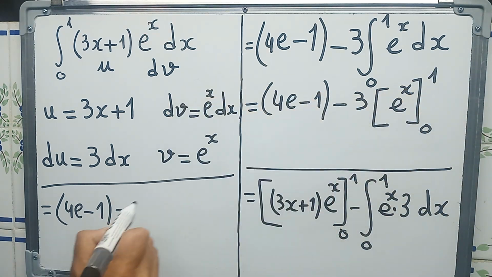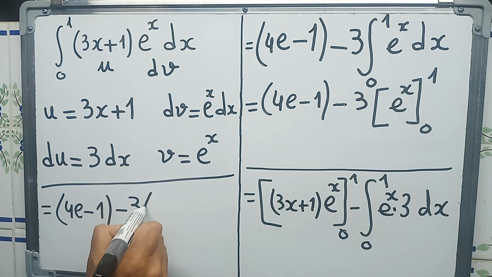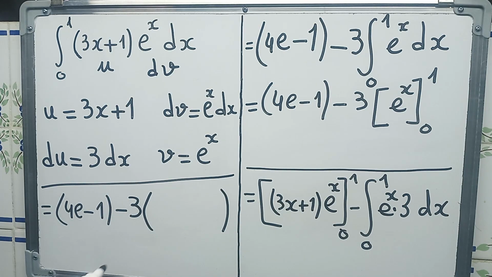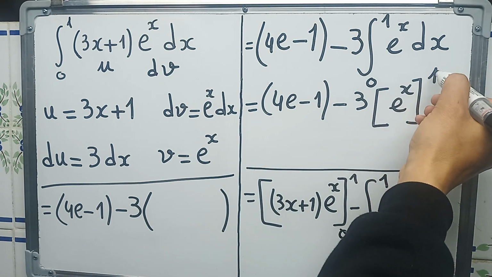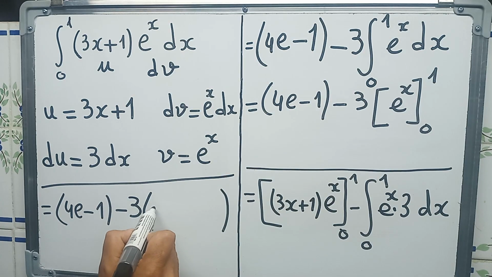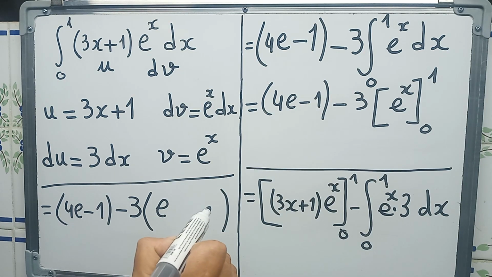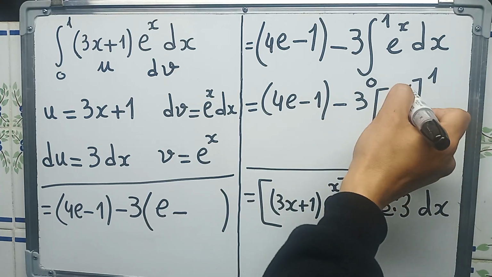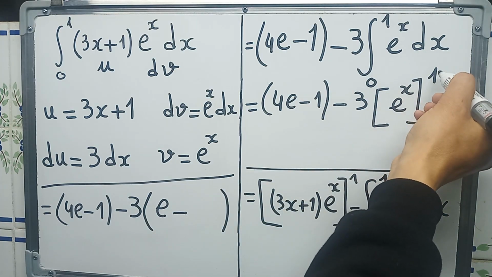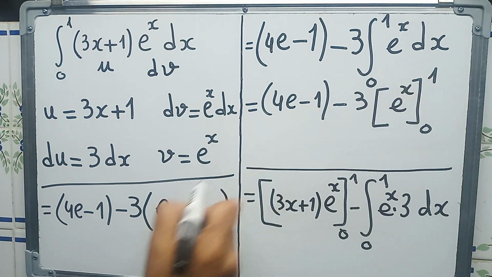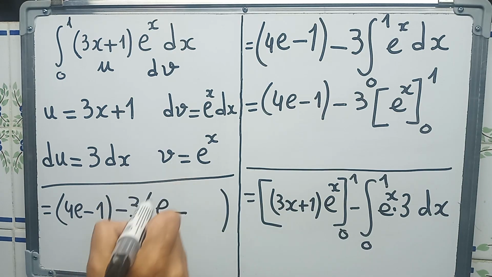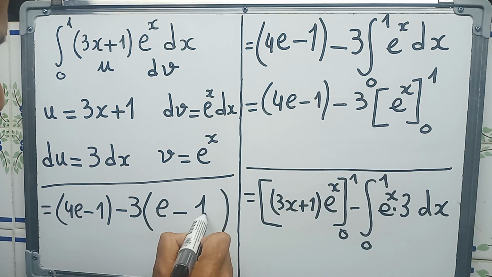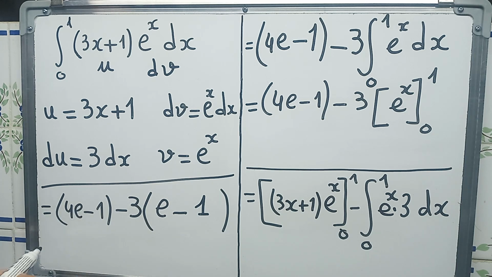But be careful, here 3 and brackets like this. So exponential of 1 is e, minus exponential of 0. We plug 1 in x and 0, and minus the evaluation, so 1. And the final step is just to calculate.